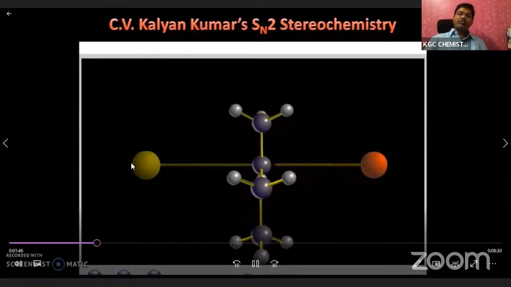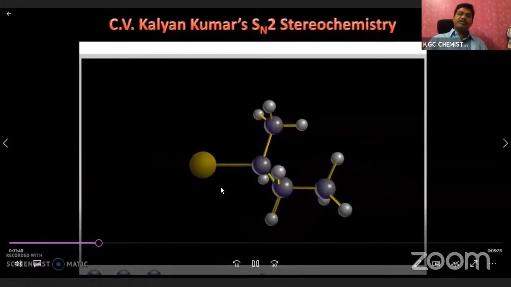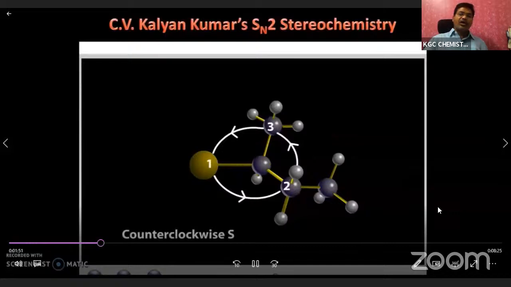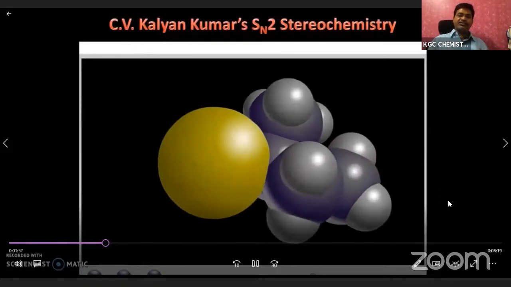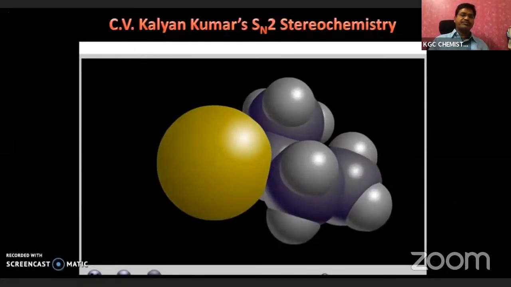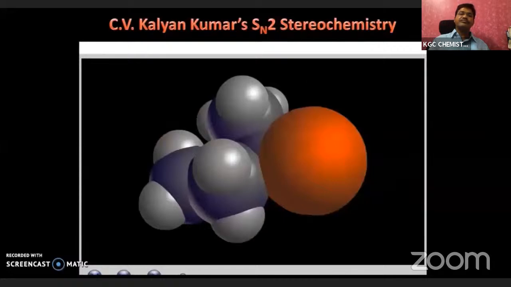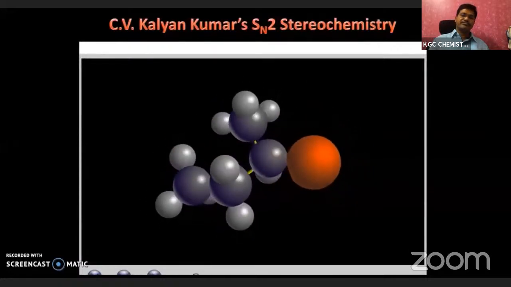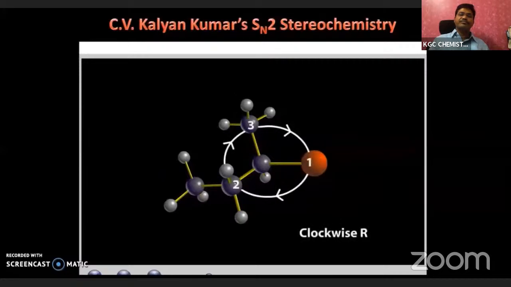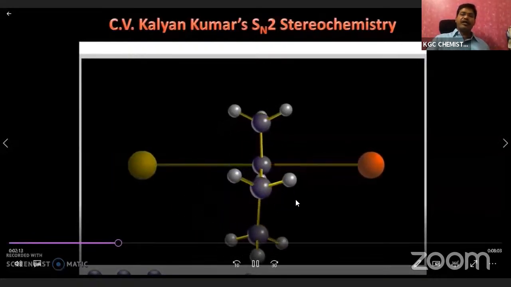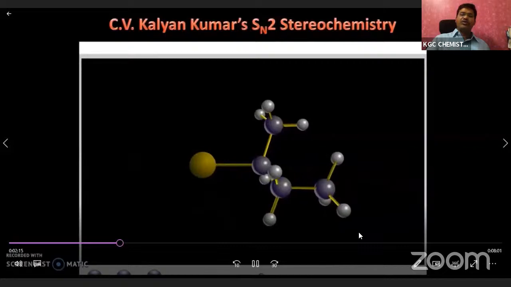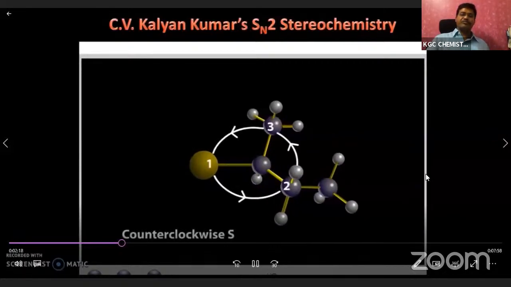See, this is going to be the bromide, counterclockwise and S configuration. Okay, we'll get this one again. This is going to be the alkyl group. Okay, this is the incoming group.